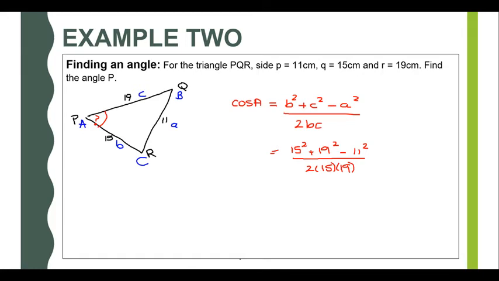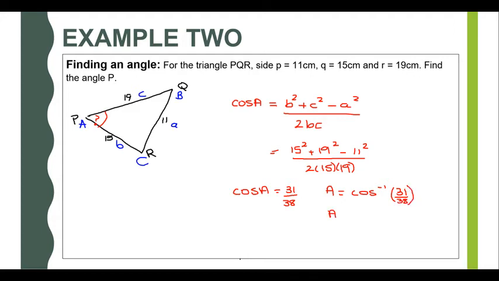And again, if we use our calculator, we can simplify that to give us cos A is equal to 31 over 38. And again, we then need to take the inverse, so A is equal to inverse cos, or cos minus 1, of 31 over 38.